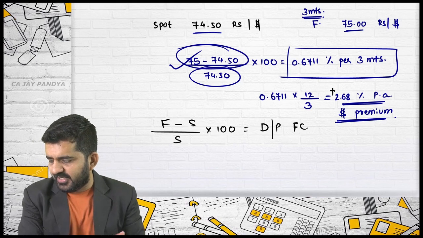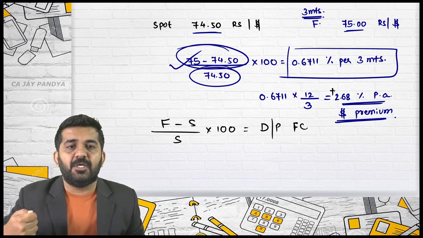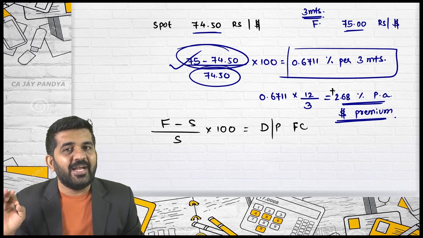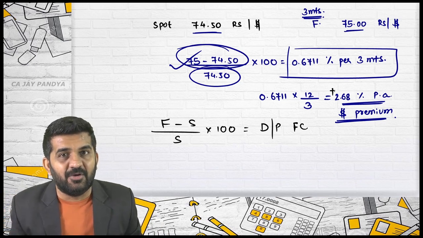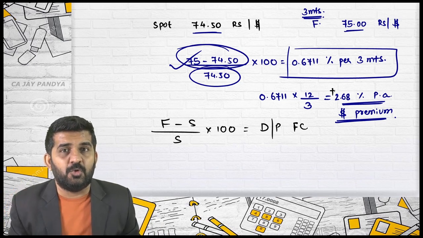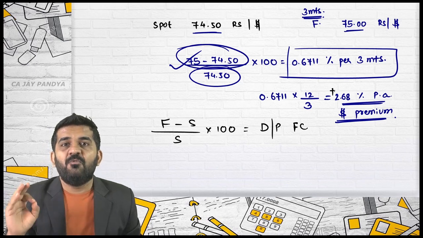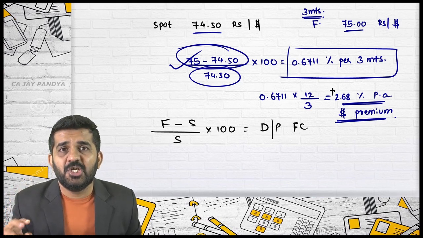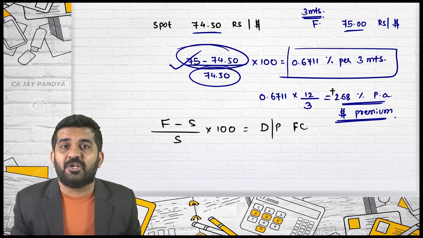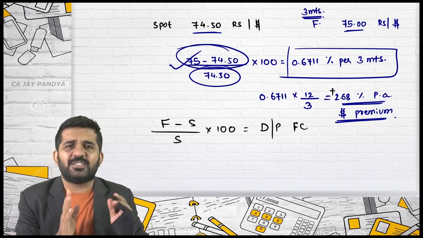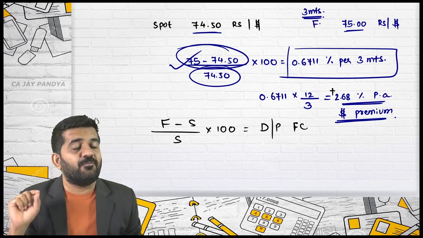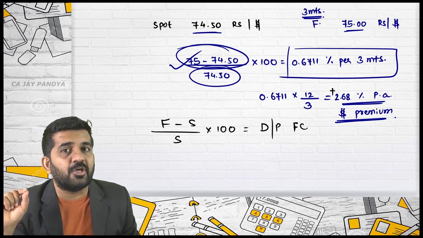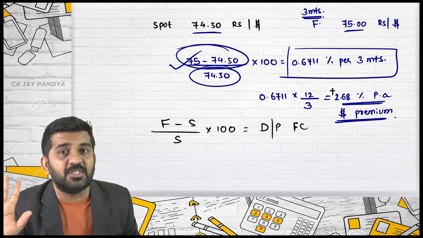This was the concept of discount and premium on currency, and believe me, at CA final SFM level, I have seen minimum 3 questions of 4 marks where you are just asked this: what is the discount or premium on currency? If you know this simple thing, first try to concentrate on the currency whose premium or discount is asked.